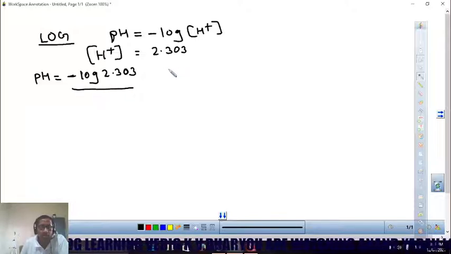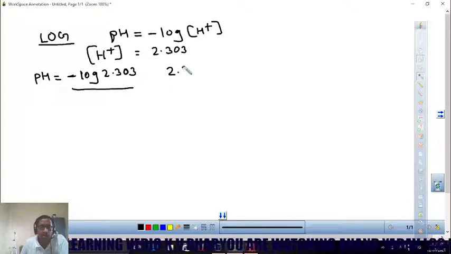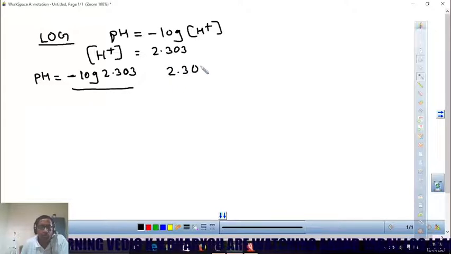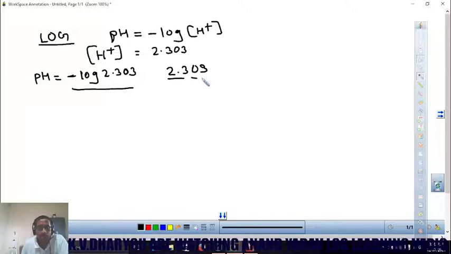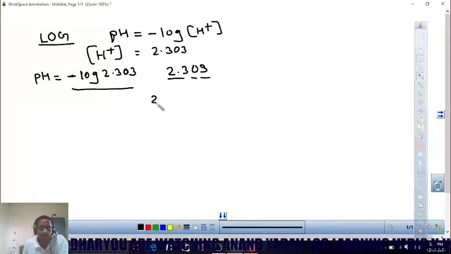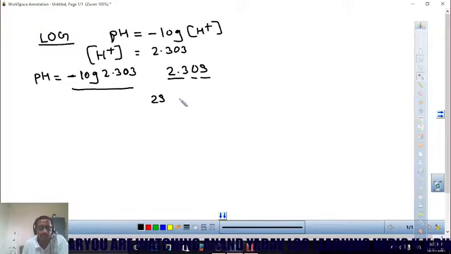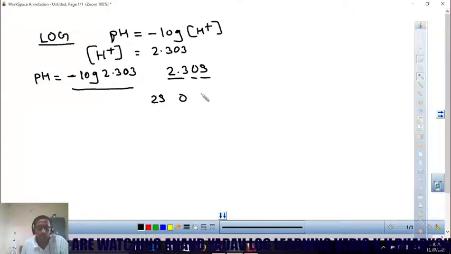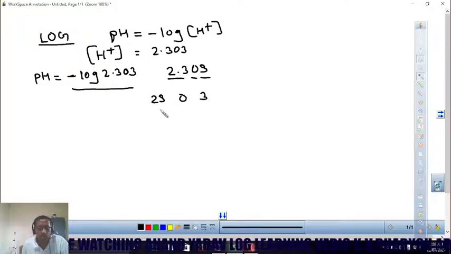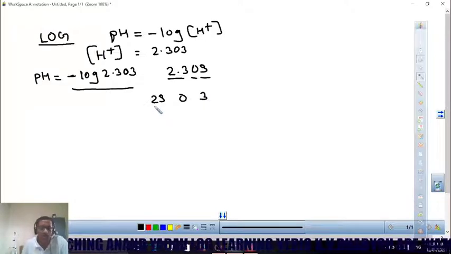This number is written in this format, 2.303. You just split it like that. The first two digits 23, then the second digit 0, and then the third digit 3. So what you have to do, you need a log table.